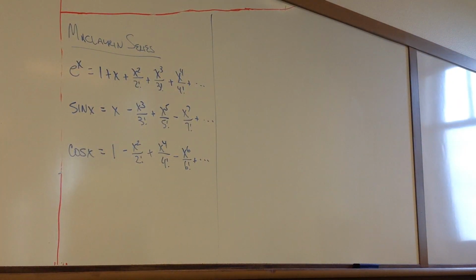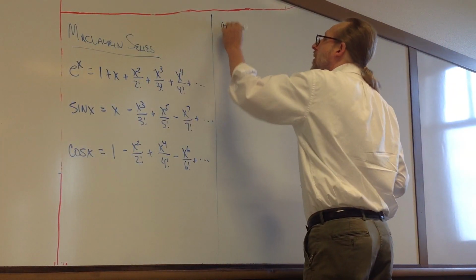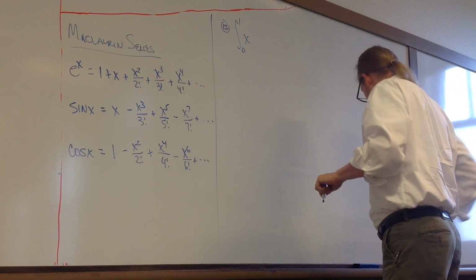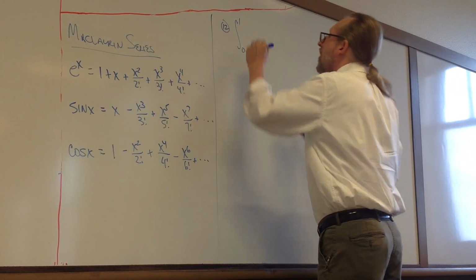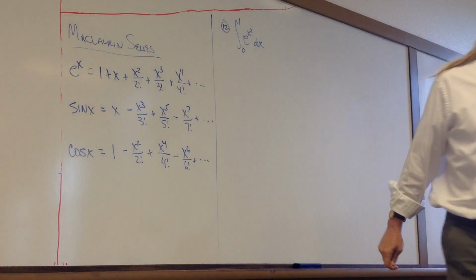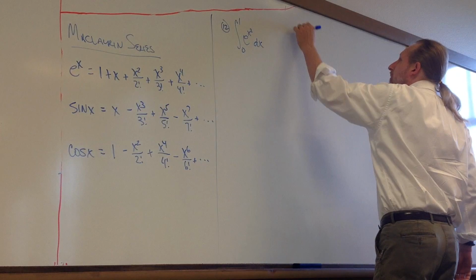All right, let's look at one more here. Problem 12 is another substitution problem. And this is the integral from 0 to 1 of e to the x squared dx. Okay, and so like I said, this is a substitution problem.